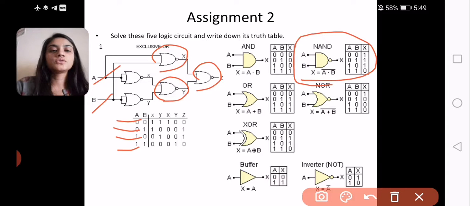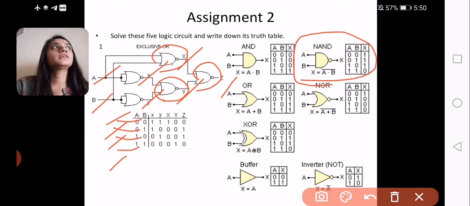So 2 raised to 2, 4 combinations will be there. For each combination you have to find out small x, small y, capital X, capital Y, capital Z. Okay, so in this manner you will find all the answers that you can verify easily using the NAND gate.